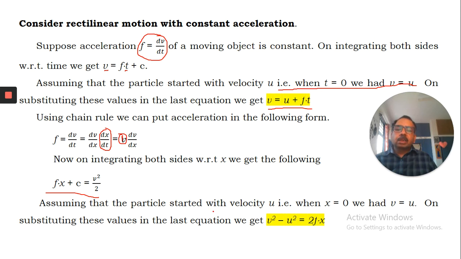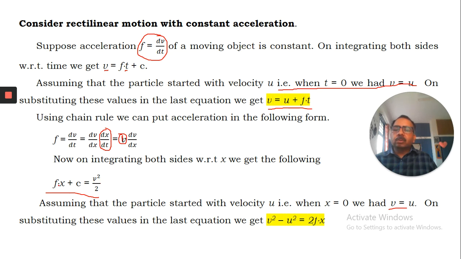Assuming that the particle started with velocity u when x equal to 0, we had v equal to u. So we suppose when x is 0, that is the starting point, initial velocity is u. So when x equal to 0, v equal to u.